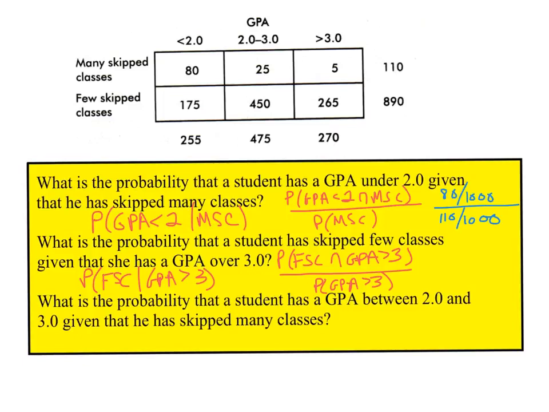So few skipped classes and GPA over 3. So this is this 265 out of 1,000 people. Divided by the probability they have GPA over 3. So that's this 270 out of the 1,000 people. 270, excuse me.